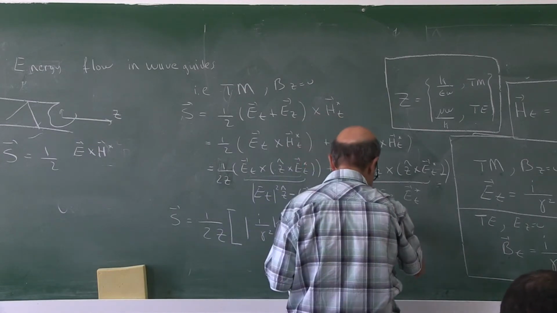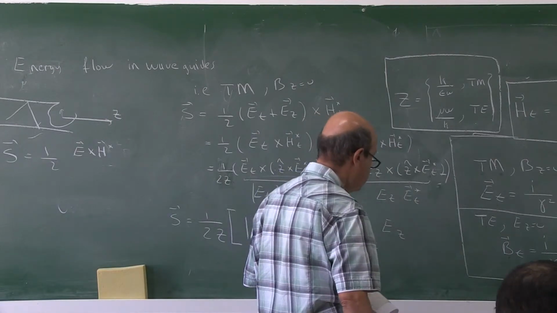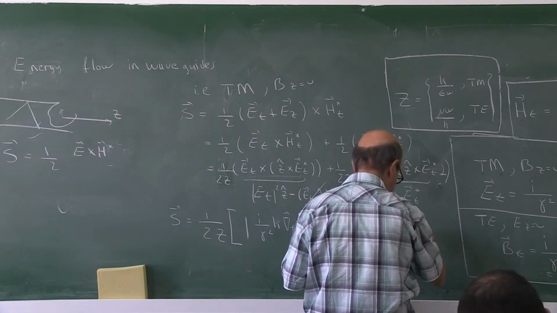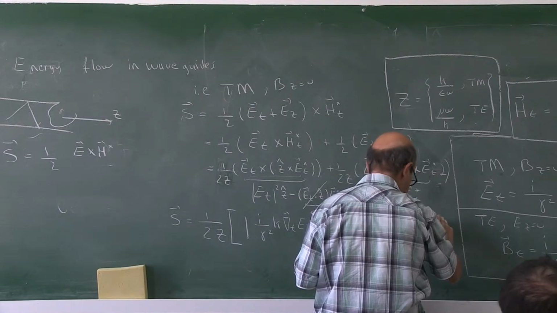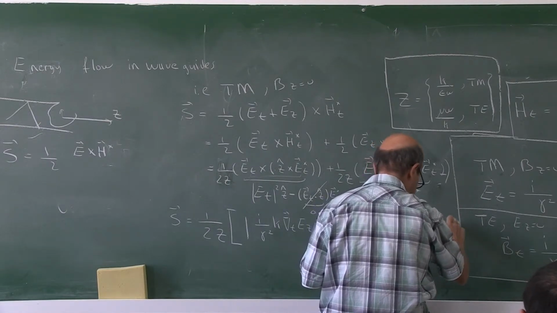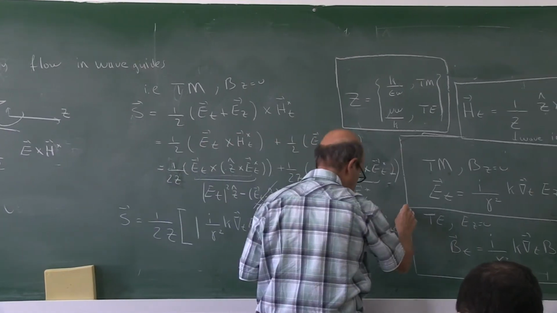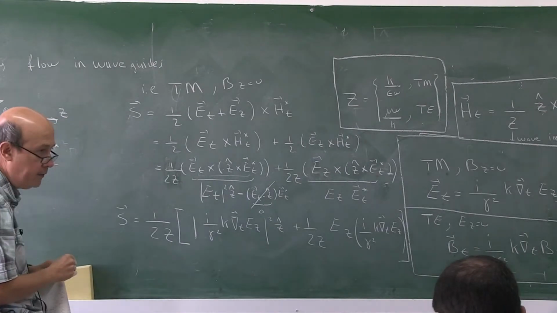Ez is Ez. And the E transverse, what is E transverse? E transverse is minus 1/gamma squared k gradient of the transverse Ez. Close the parenthesis. So this is practically the Poynting vector.